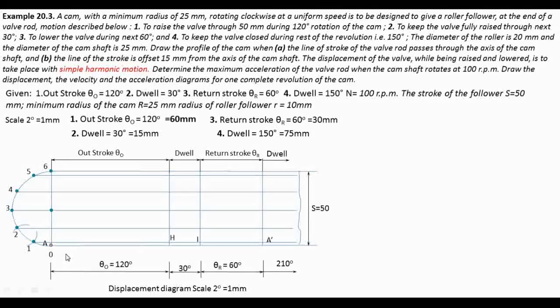Okay, so we have already discussed how to divide a line in the previous video. Here the length of the outstroke is 60 mm. To divide 60 mm into 6 equal parts, one part will be 10 mm. So at a distance of 10 mm, let us plot points 1, 2, 3, 4, 5 and 6. So these are the 6 equal parts of the outstroke.